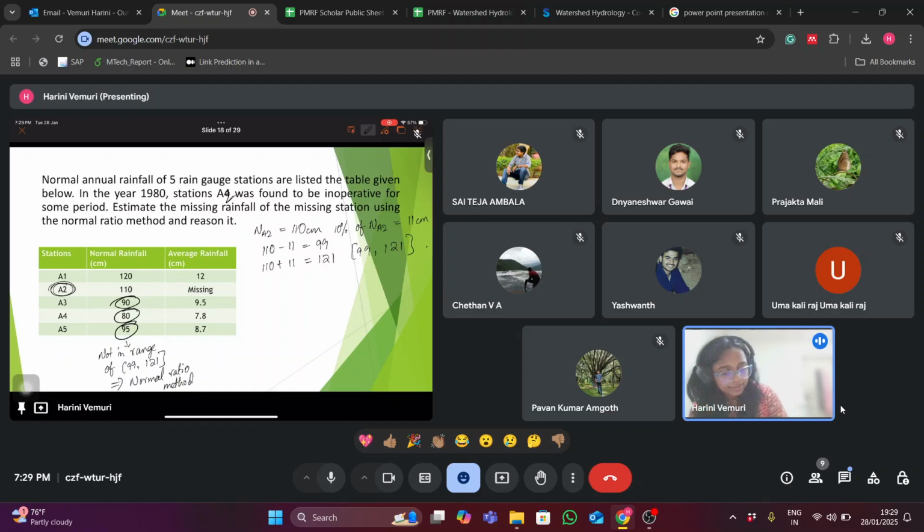So now, as I have discussed earlier, how do you fill the gap using the normal ratio method? The formula is as follows. Now let's substitute the values: 110, we have 1, 2, 3, 4, 4 neighboring stations, by 120.